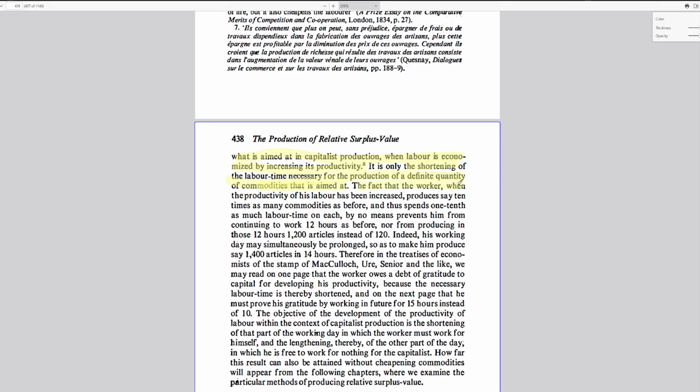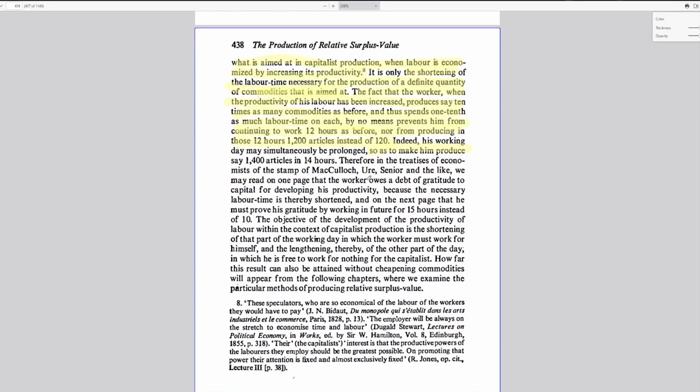And the fact that the worker, when the productivity of his labor is increased, produces, say, 10 times as many commodities as before, and thus spends 1/10 as much labor time on each, by no means prevents him from continuing to work 12 hours as before, nor from producing in those 12 hours 1,200 articles instead of 120. Indeed, his working day may simultaneously be prolonged so as to make him produce, say, 1,400 in 14 hours. So, yeah.